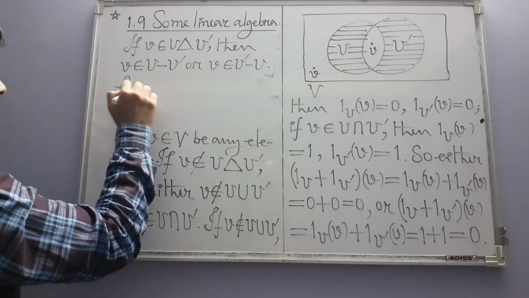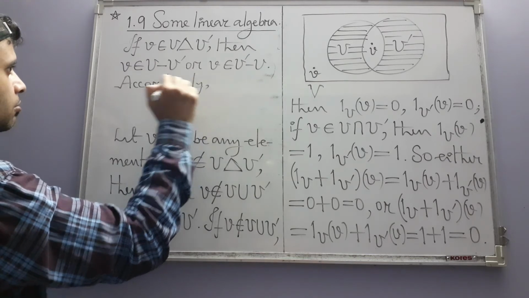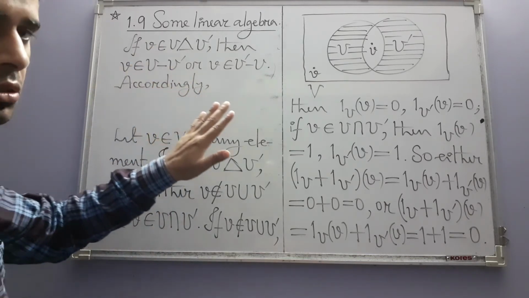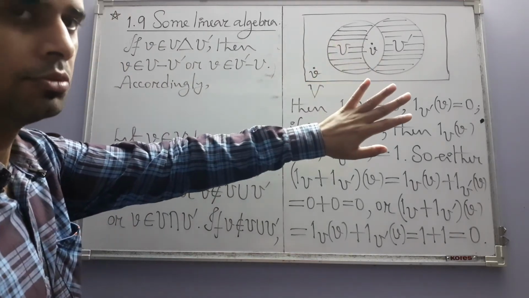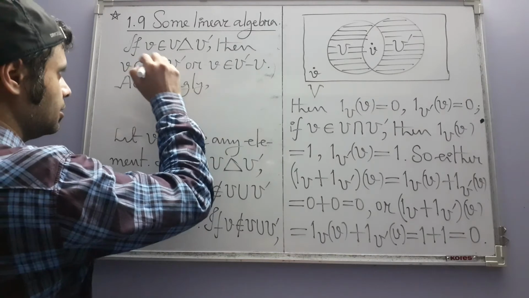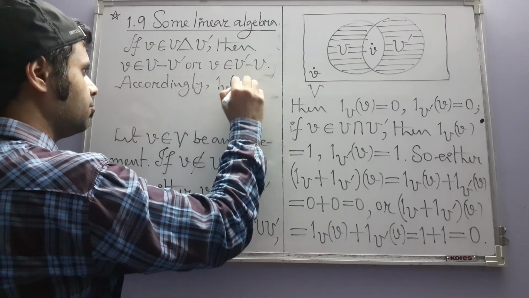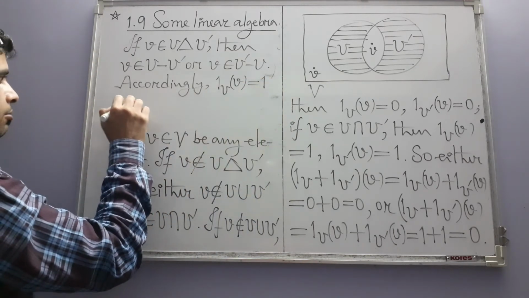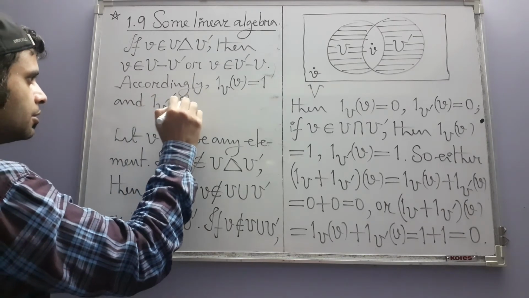Accordingly, when V is in U difference U prime, that means what? V is in U and not in U prime. So in this case, 1 U V will be equal to 1 and 1 U prime V will be equal to 0.